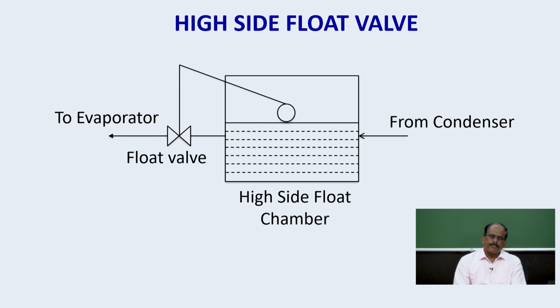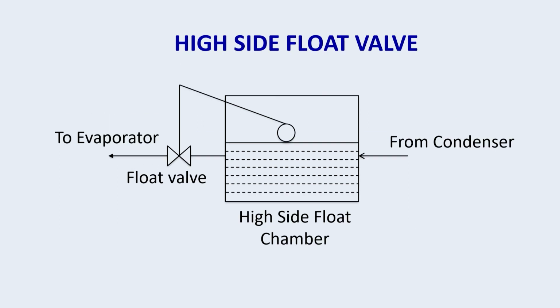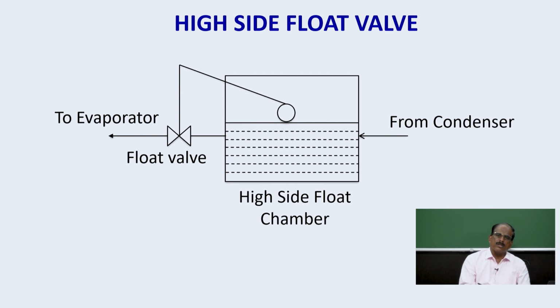Similarly, when the load decreases, the rate of evaporation comes down. So according to the level of liquid in the evaporator, the valve will close and supply less liquid, because the rate of evaporation is lower.